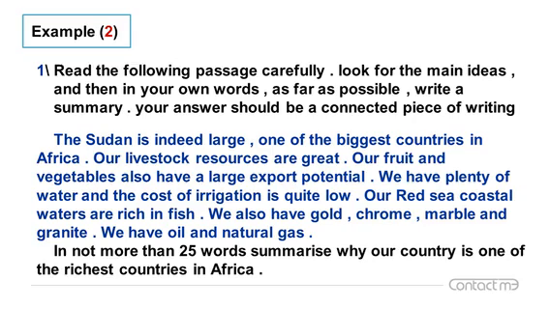We also have gold, chrome, marble, and granite. We have oil and natural gas. In not more than 25 words, summarize why our country is one of the richest countries in Africa. First, you have to underline the key sentences.